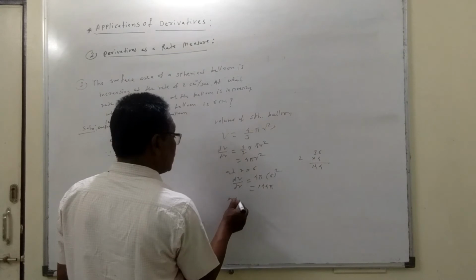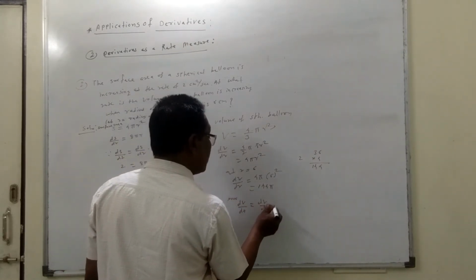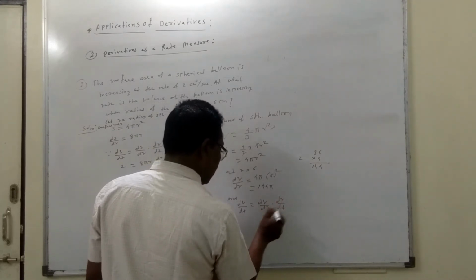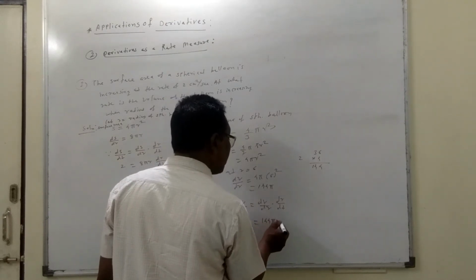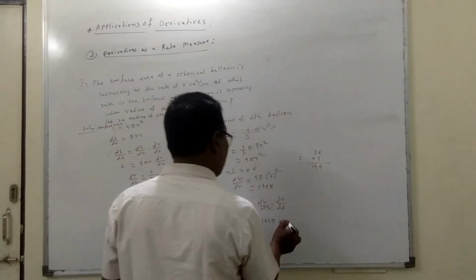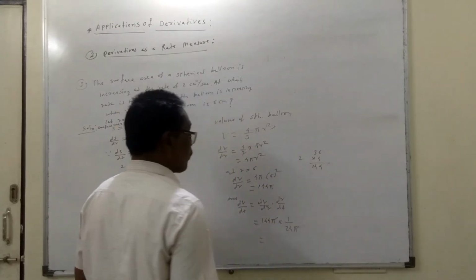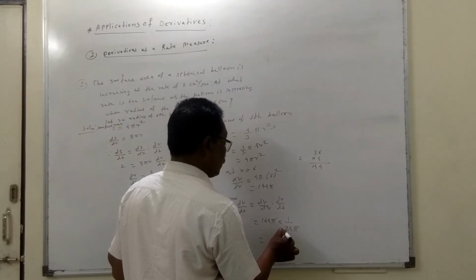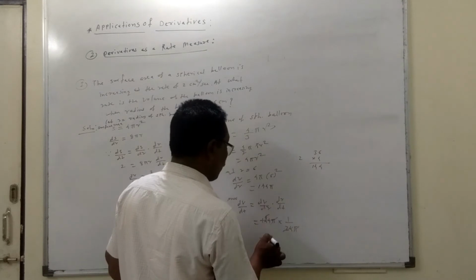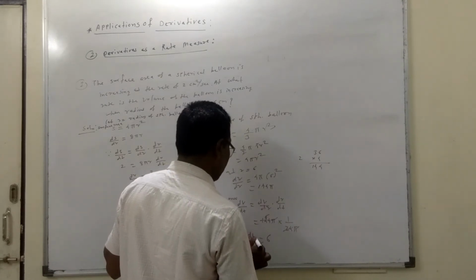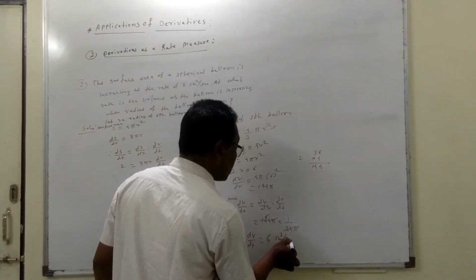Now dv upon dt is equal to dv upon dr into dr by dt. So that is equal to dv upon dr 144 pi into dr by dt, which is 1 upon 24 pi. Pi gets cancelled. So 24 6 144, so 6 centimeter cube per second.